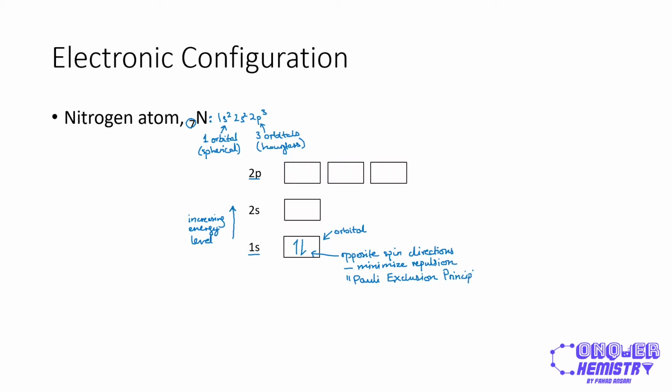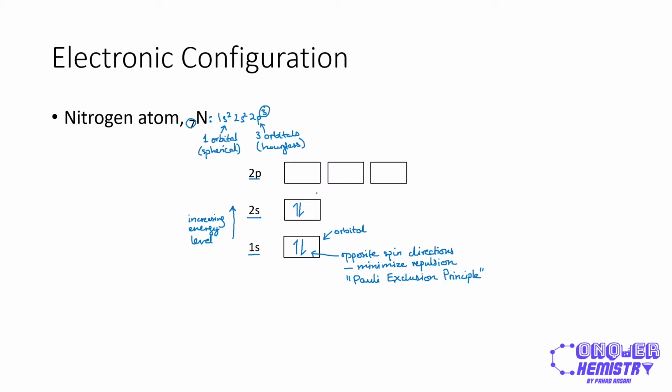Now in the 2s subshell, we have one orbital with 2 electrons, both of them with opposite spins to minimize repulsion. In the 2p subshell, we have 3 orbitals, which can hold a combined total of 6 electrons, but we only have 3 in the case of the nitrogen atom.